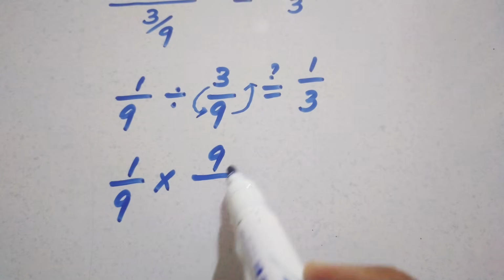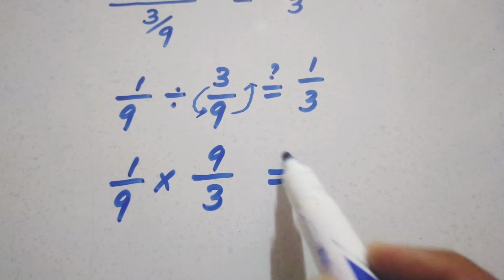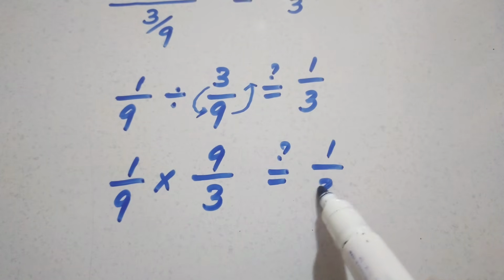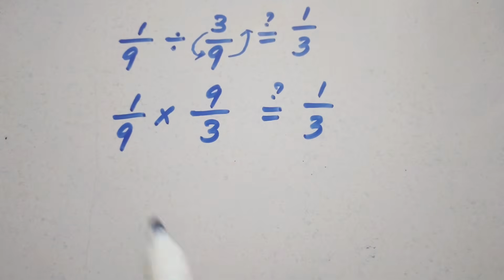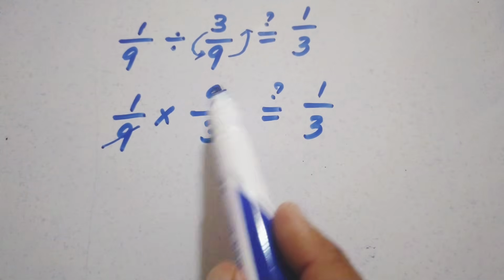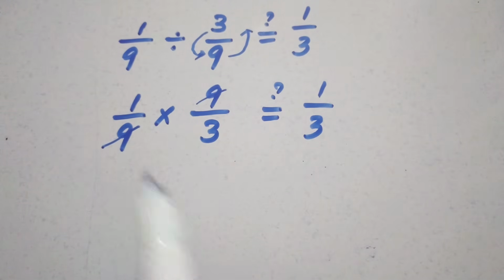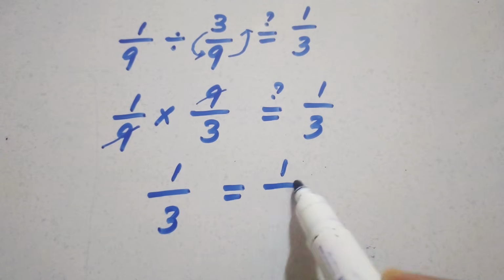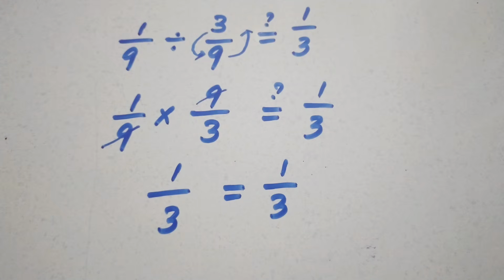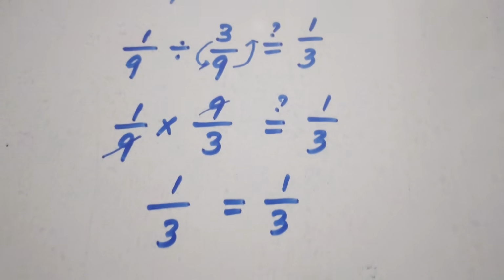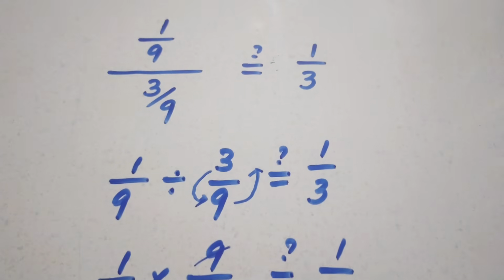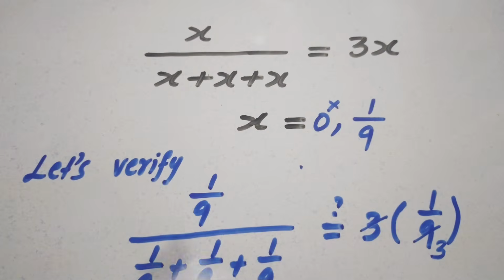This will become 9 divided by 3, whether it is equal or not equal to 1 by 3. So now these two cancel out each other. Here we will be left with 1 divided by 3 is equal to 1 divided by 3. Hence our value x is equal to 1 by 9 is valid for the given expression.